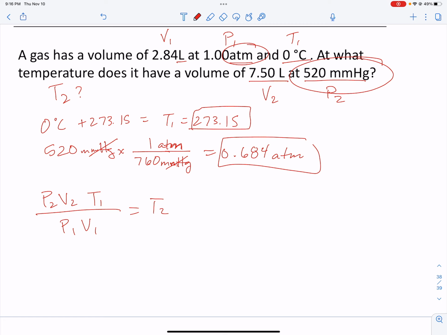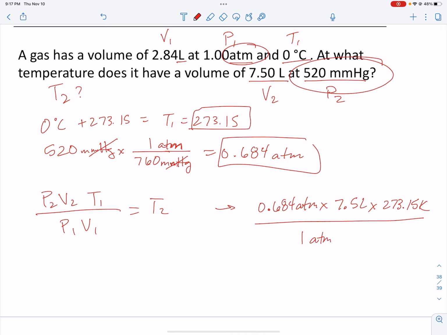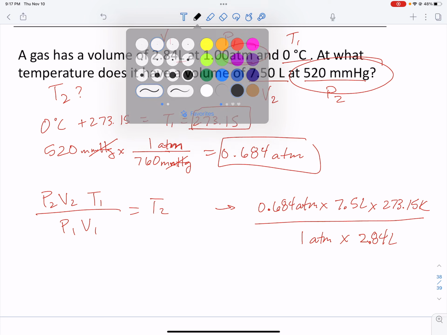along with my volumes. All right, so we're going to start right here. We'll say P2, which is now the 0.684 atm, times V2, which was 7.5 liters, times T1, which is 273.15 Kelvin. This is all going to be divided by P1, which is 1 atm, times V1, which is 2.84 liters. So let's check our units. Always do this.